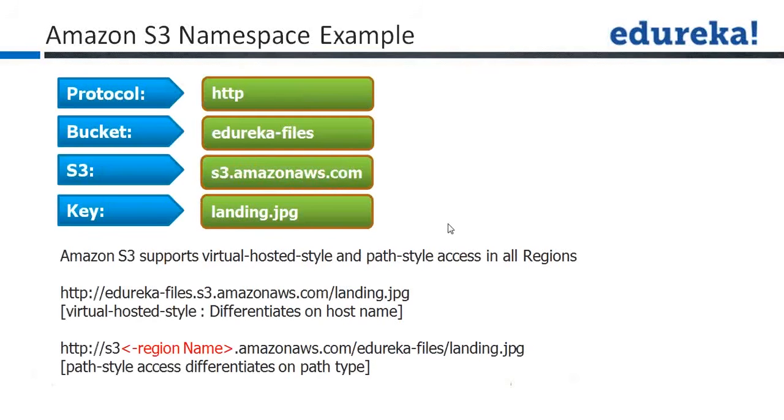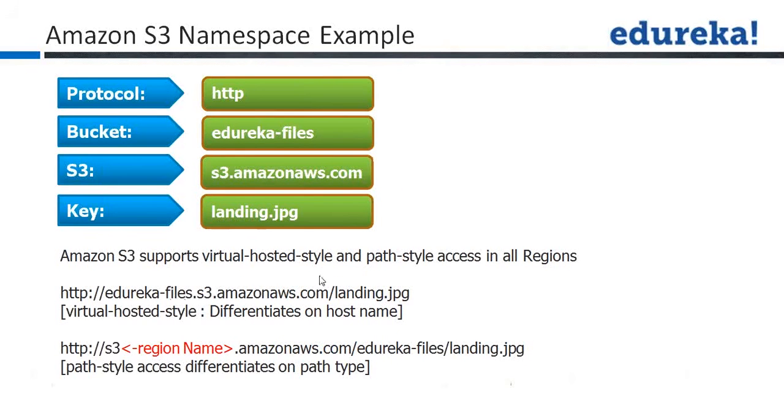Now, whenever you upload an object, it would be accessible by a public URL. Yes, you need to share that object over the internet, but once you share it, there will always be a URL for it. And what would the URL be? URL can be of two types.